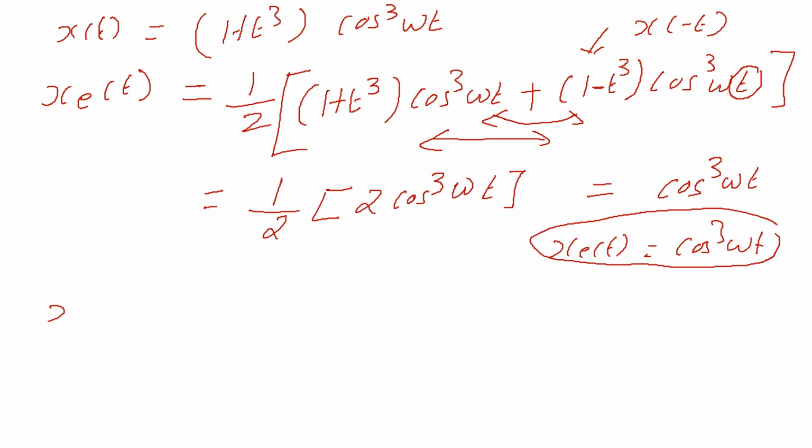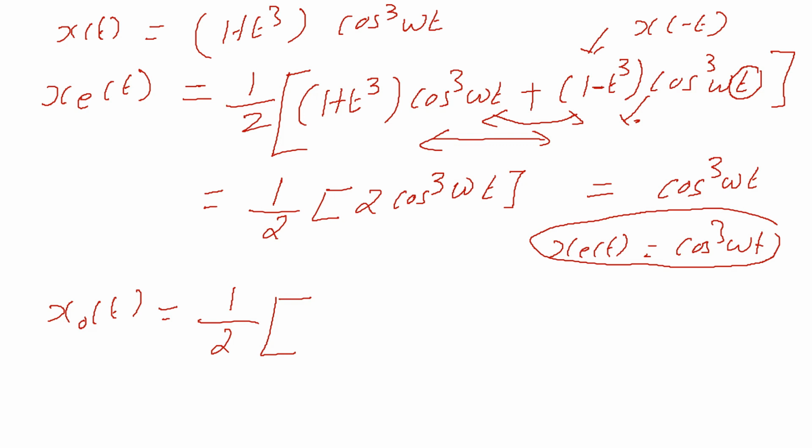So what about the odd part? The odd part is half times x of t minus x of minus t. The same thing I am going to use there also. Okay, I'm directly writing this again. The intermediate steps you can take as homework, because just now we have solved our previous problem, actually a very similar problem.